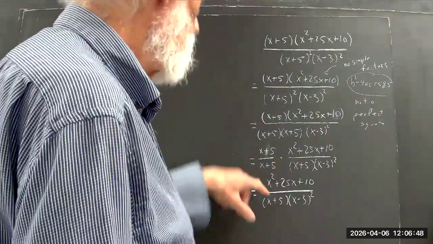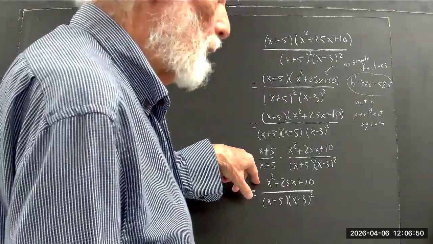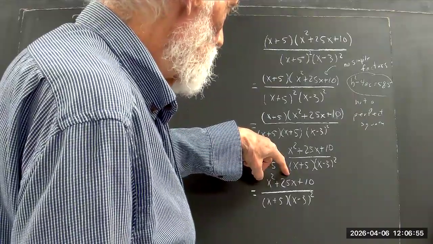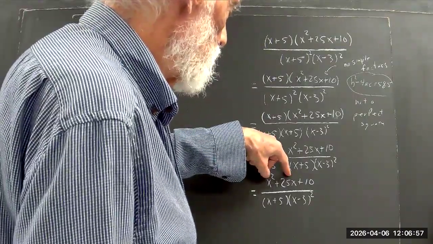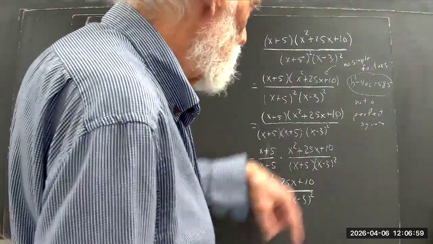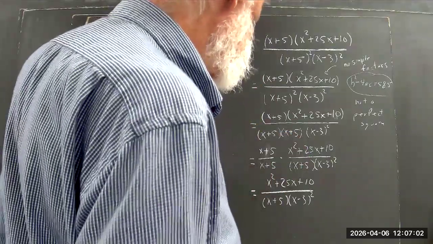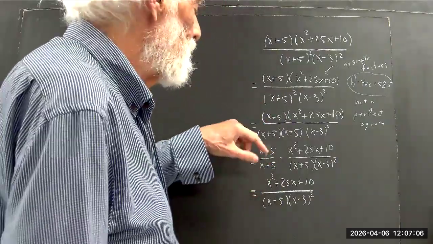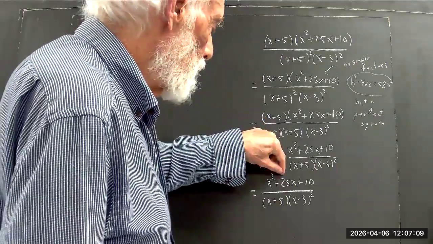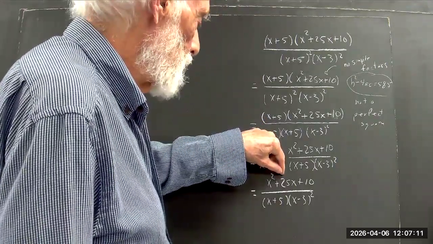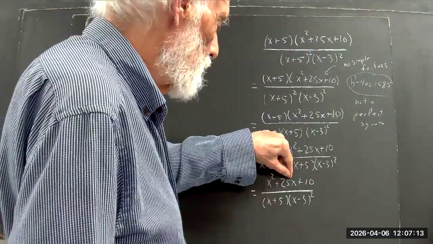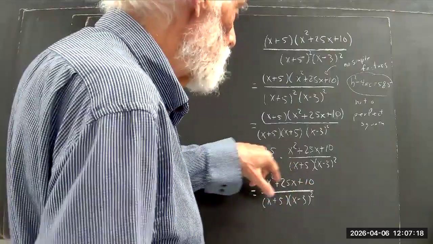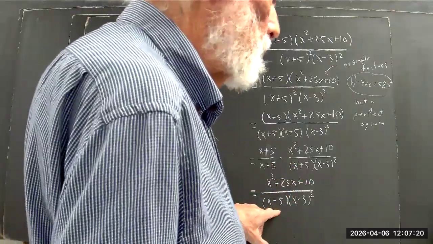If x is negative 5, x squared is 25. 25x would be negative 125. 25 minus 125 gives you negative 100. Add 10, you get negative 90. You clearly don't get 0, and that's really the bottom line.